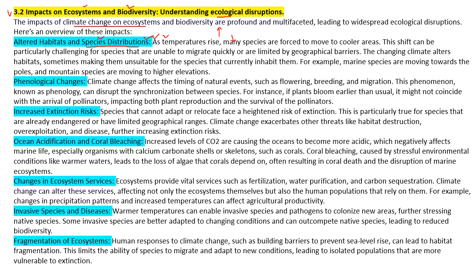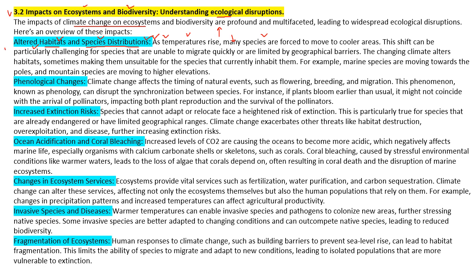The habitat is the home, the place where species live, and this home is changing. So due to this change, not only the species distribution but the density and the richness are also changing on the surface of the earth.